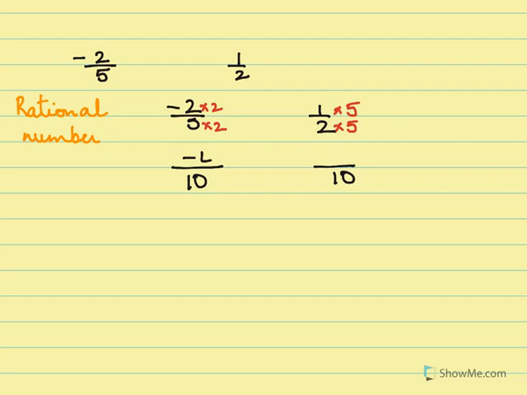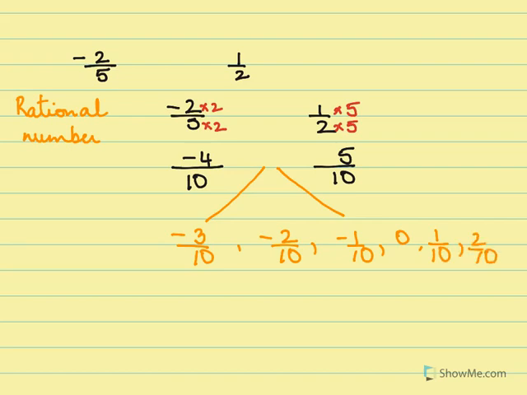So I will have now minus 4 and 5. Now I'll go ahead and find numbers between minus 4 and 5, and that would be minus 3/10 or minus 2/10, minus 1/10, 0, 1/10, 2/10. All these numbers will be between minus 4/10 and 5/10.